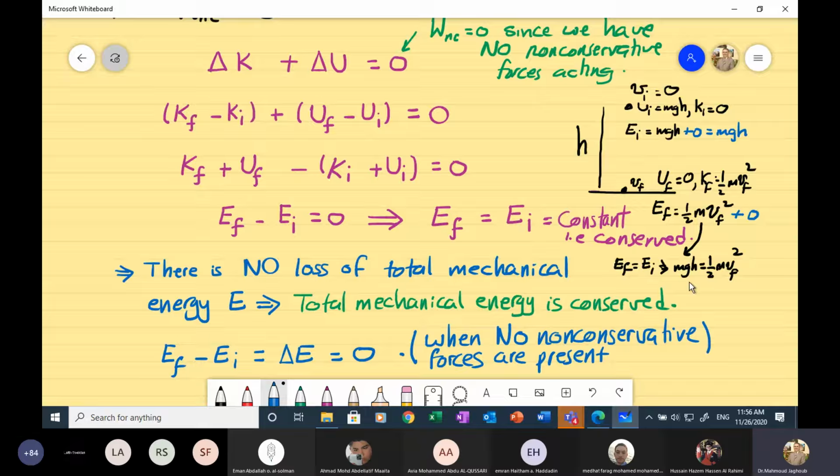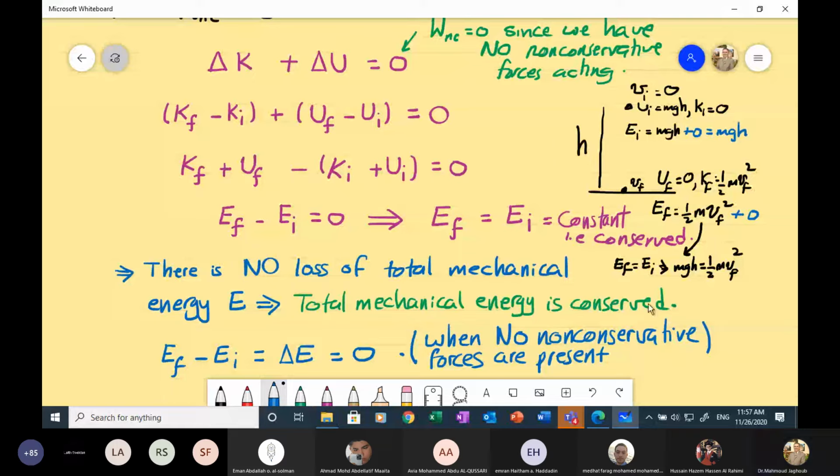Whatever you lose in potential energy is gained as kinetic energy. Now, if it's moving up, the reverse happens. As it moves up, potential energy increases and kinetic energy decreases. As you move down, kinetic energy increases and potential energy decreases.